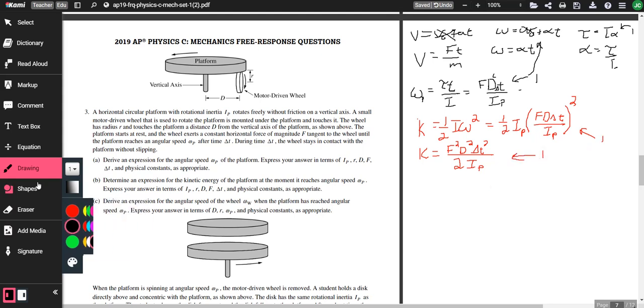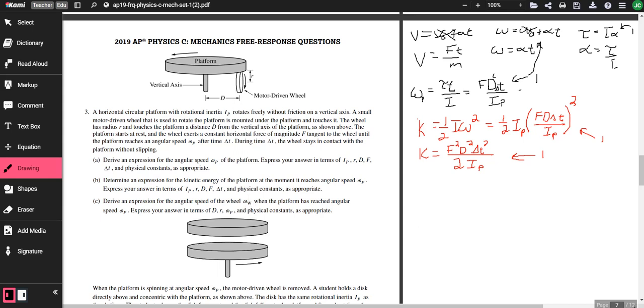Easy enough. All right, so part C says they want the angular speed omega w when the platform has reached angular speed this. The omega w, the wheel that they're referring to, is this.